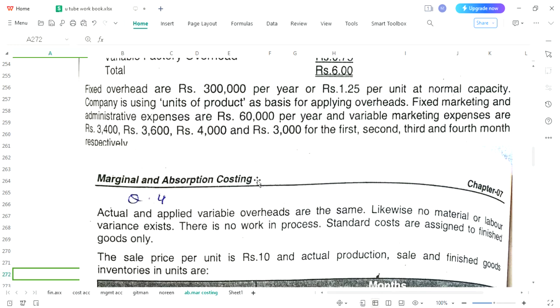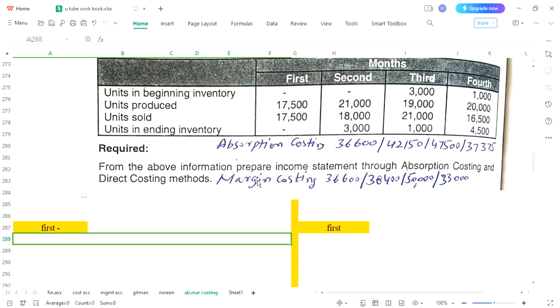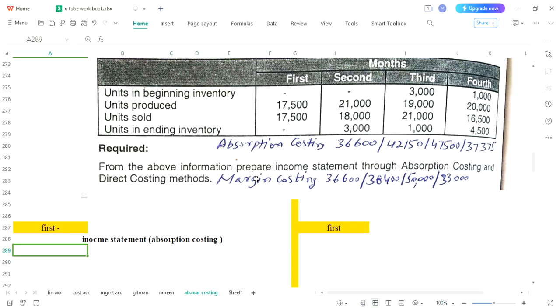Four different months are given, and we will be calculating income statements for all 4 different months. So let's start. Income statement according to absorption costing would be here, and the first element would be sales, then you will subtract your cost of sales.